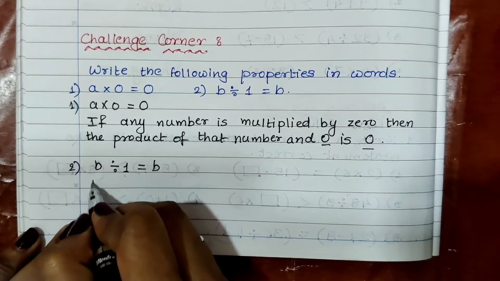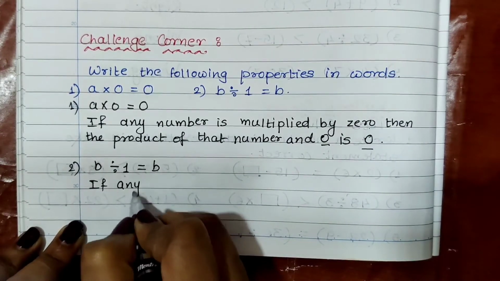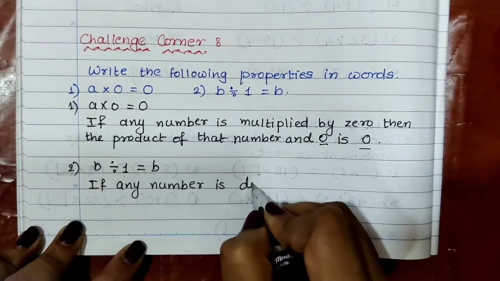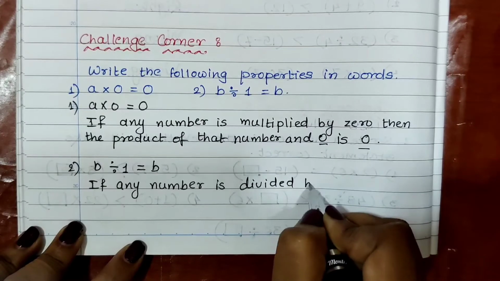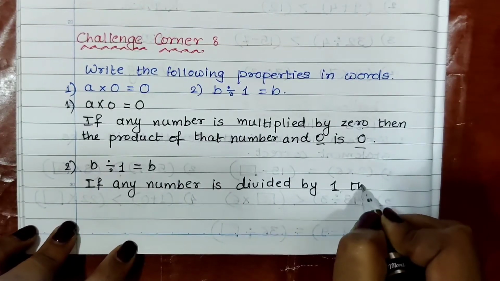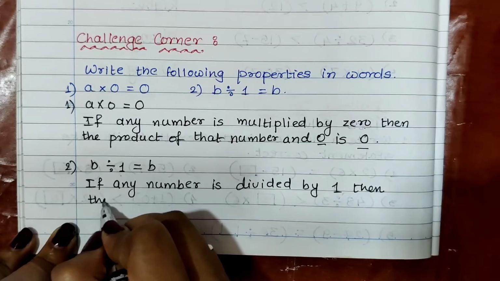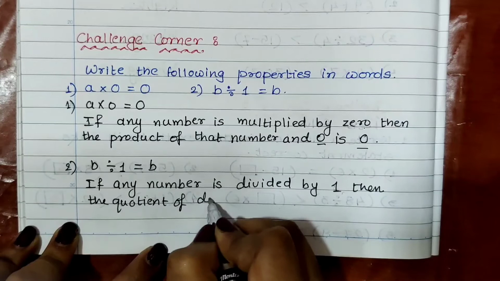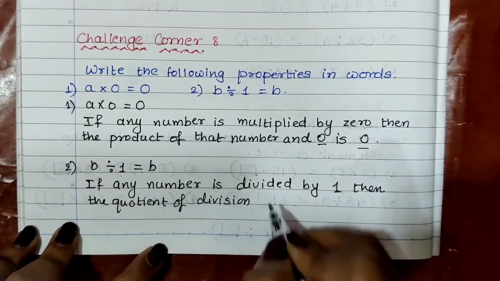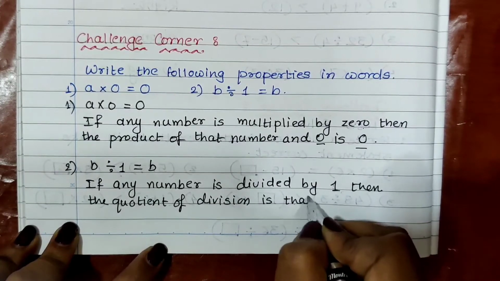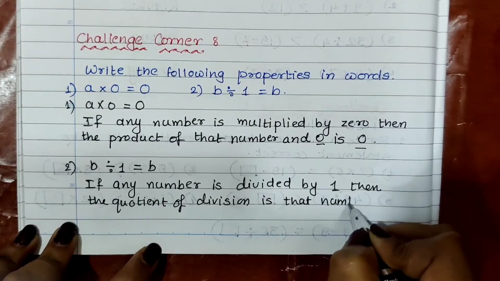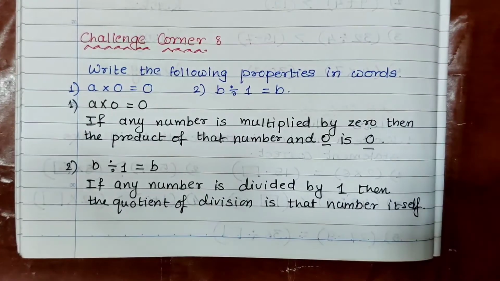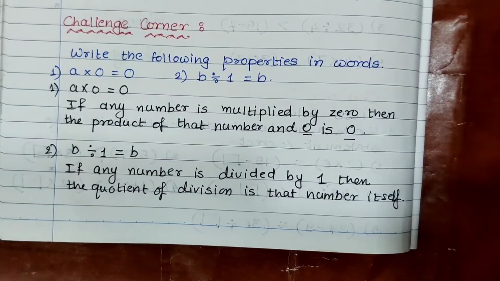So we can write it in the word, if any number is divided by 1, then the quotient of division is that number itself. Correct? Any number, if you divide by 1, the quotient we will get the number itself.